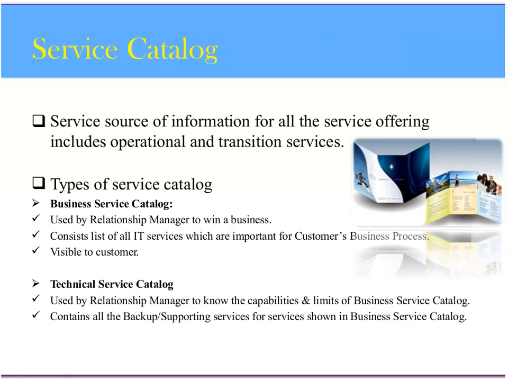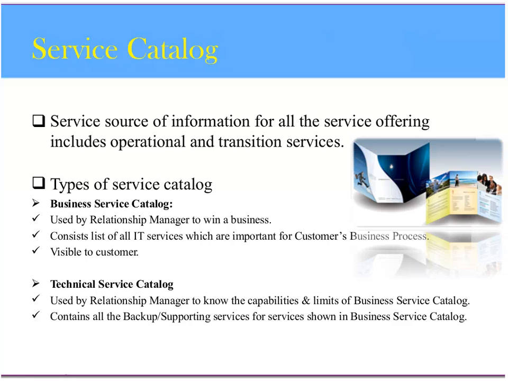That means used by the relationship manager to win a business. As I have already told you, for a restaurant, to see the specialty of that restaurant, you can see the menu card. Visible to the customer means he can see all the things available in that menu card or in that restaurant.